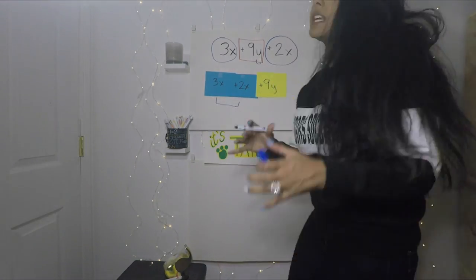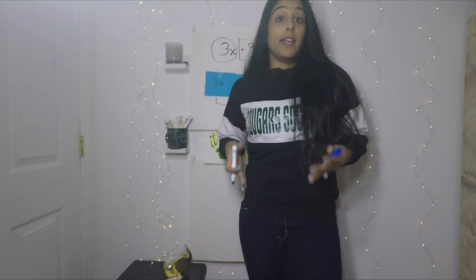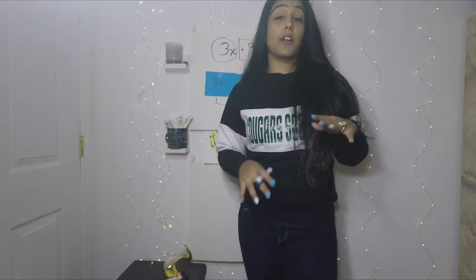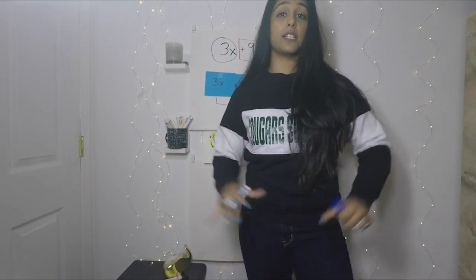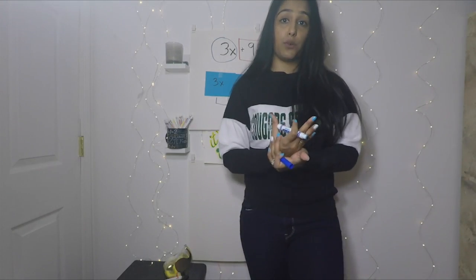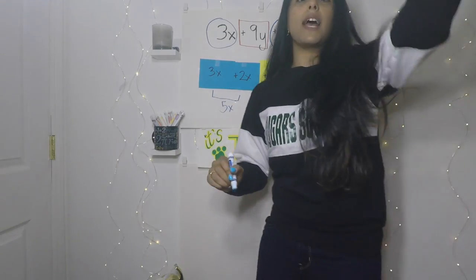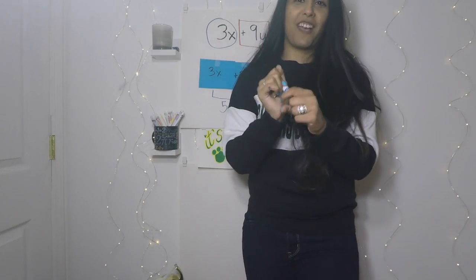These two are the same color, or on your paper, they're the same shape. What is 3x plus 2x? Now remember, that's just like saying I have 3 x's here and 2 x's here. How many x's do I have in total? And I heard someone in the back shout it. Yes, you got it. I'm glad to know that you're awake.